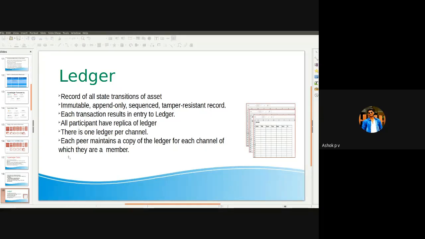So for example, if a supplier updates a new process, it gets updated over all the ledgers, and everyone gets to know the starting point. It has started. So each and every channel, I will explain what that is. There will be one ledger per channel every time, and each peer is nothing but a node that maintains a copy of each ledger. So if there are 10 nodes, there will be 10 ledgers, one on each node.